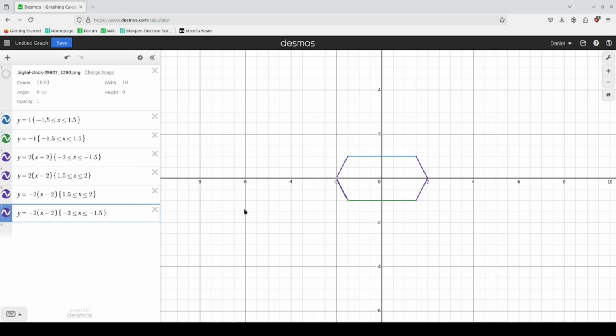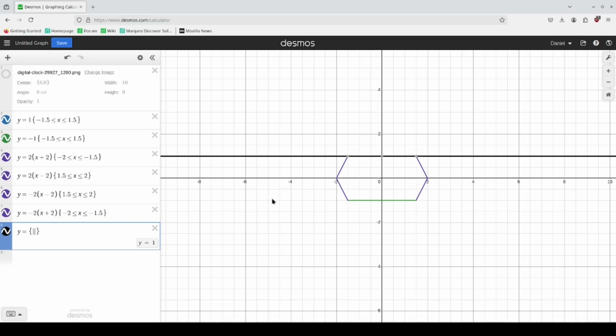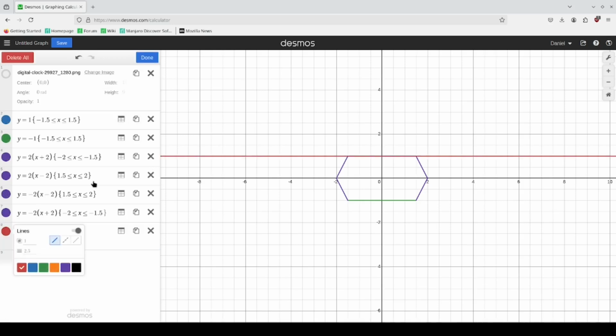To do that, we would need curly braces, and you start with your first inequality. The order you put these in does not matter. I'm going to color code this so you can see it.